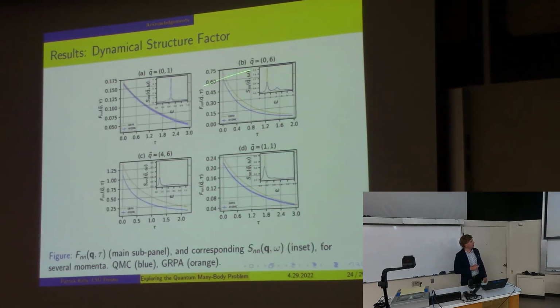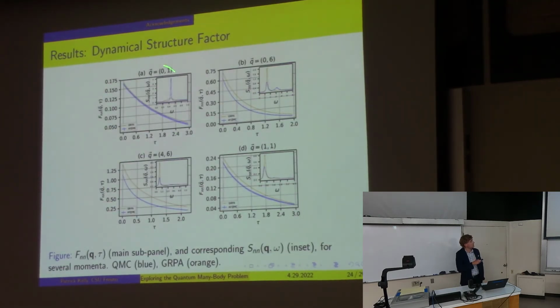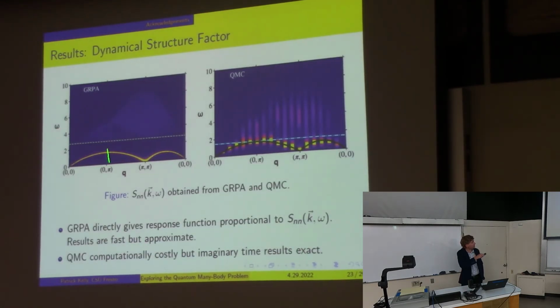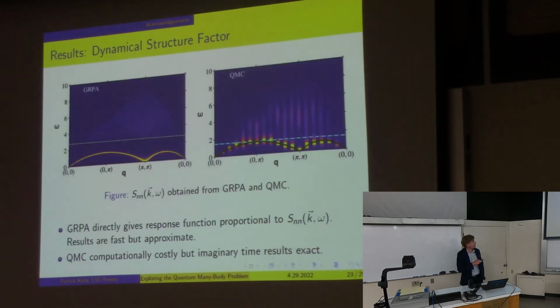So there's a lot of stuff going on here, but it's basically the same information as this. These are just this, and this, and this. Actually, I take that back. These sub-panels are the vertical slices of this.